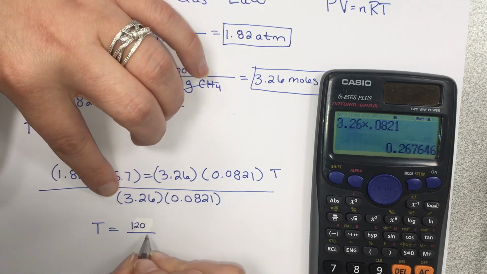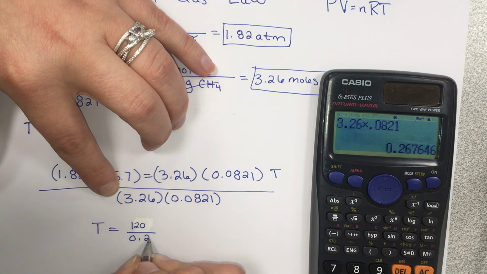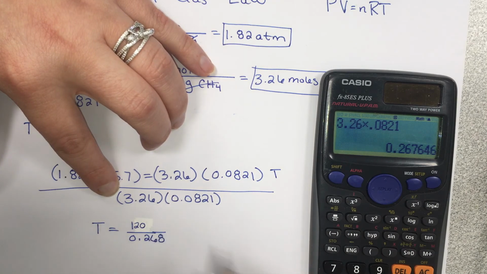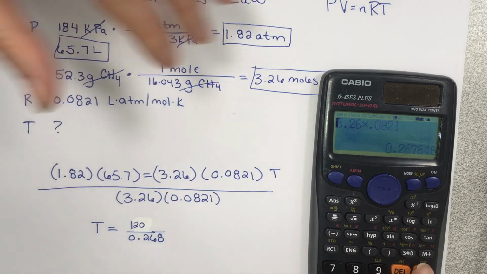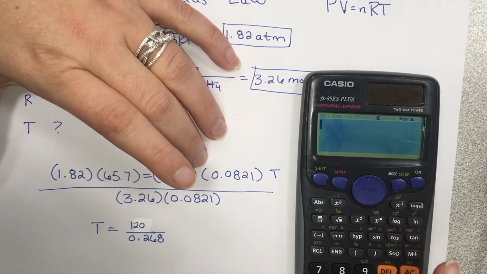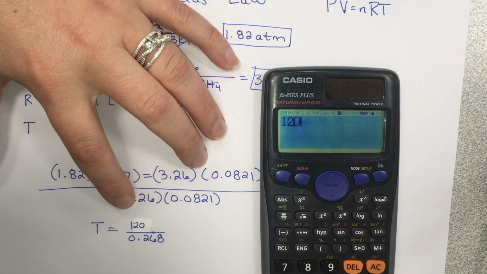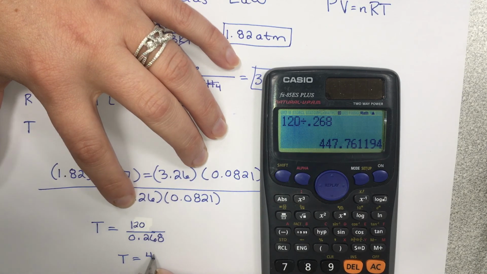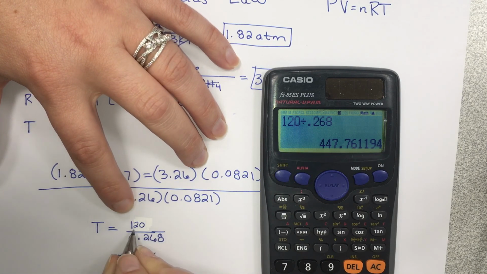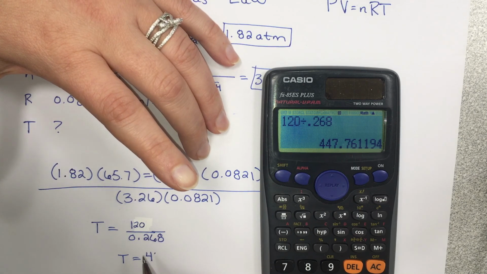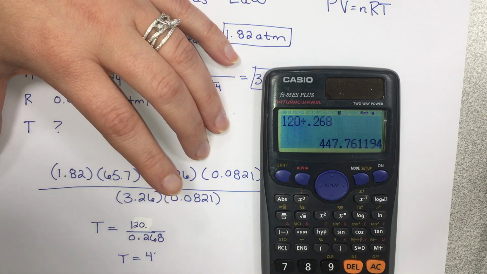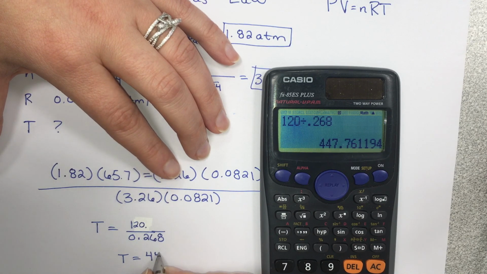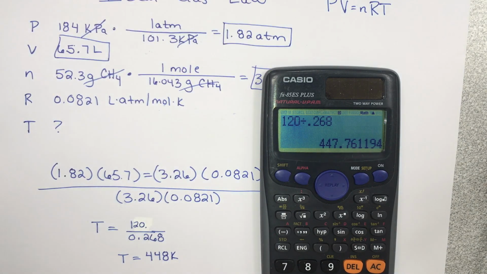And we have 3 significant figures as well, so 0.268. Then we divide. And the temperature is 400. Actually, that's two significant. I should have put a dot there. 3 significant figures, so 448 Kelvin is our answer.